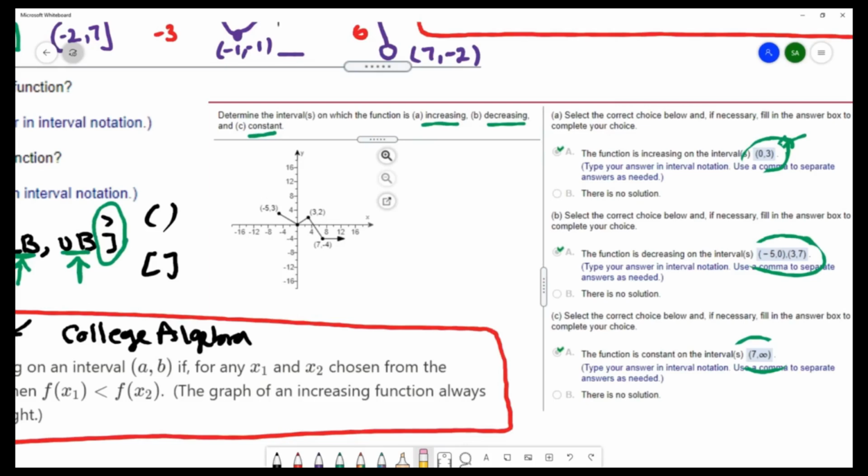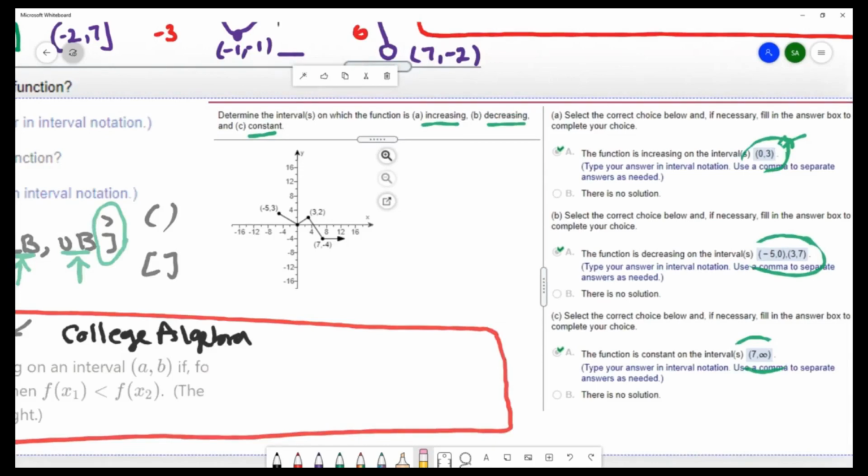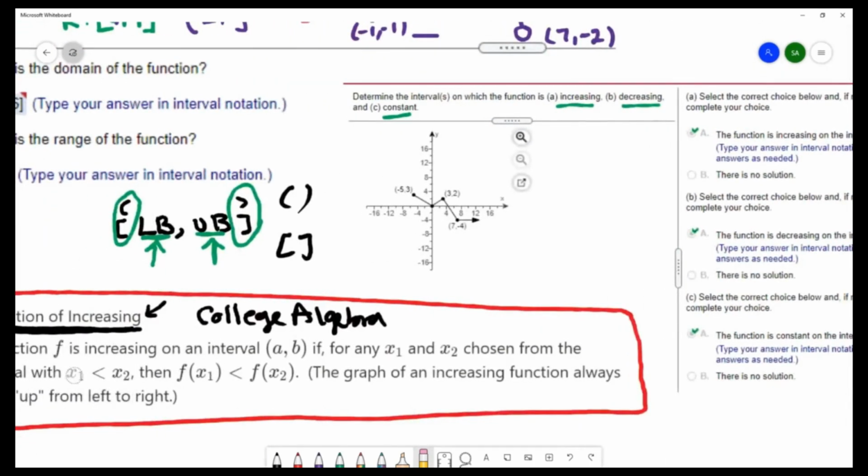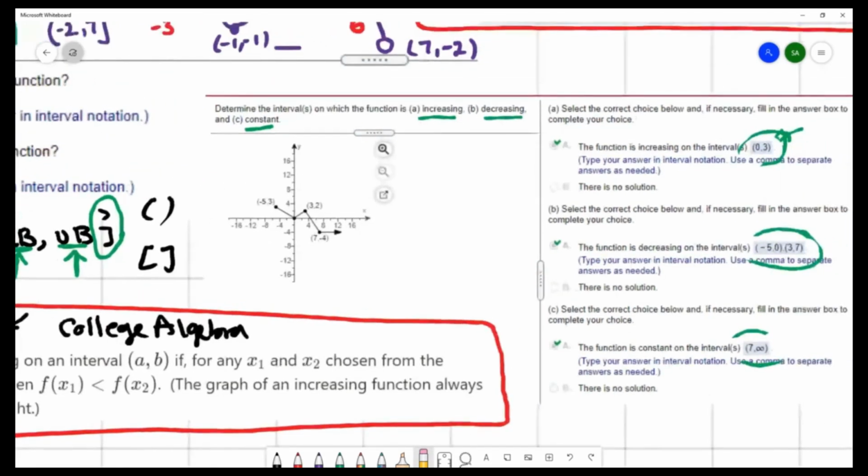And from this picture, we're going to start on the left and move to the right. And the reason why we do that is in the definition of increasing and decreasing over here. We want x1 to be less than x2. We want to start on the small side and work to the bigger side. So we're going to go from left to right.